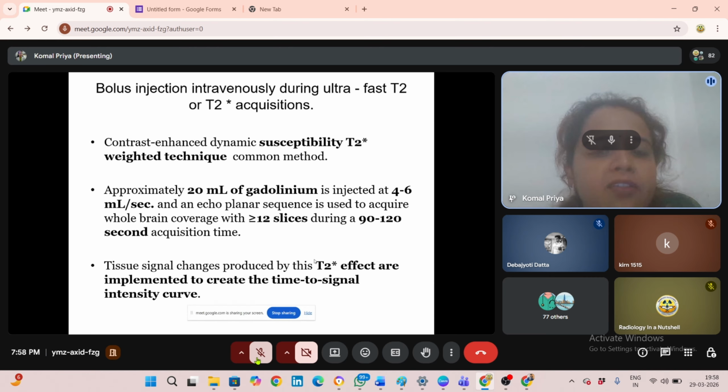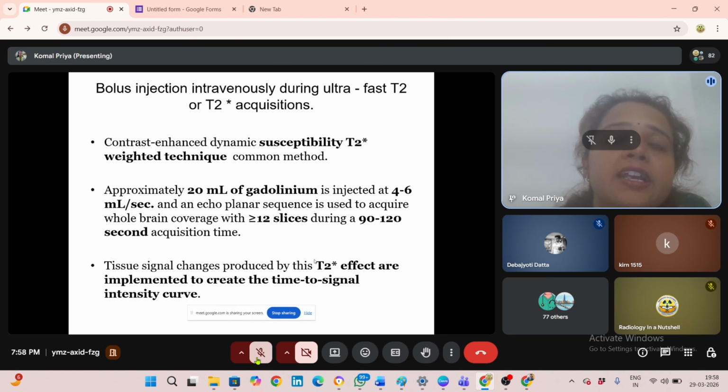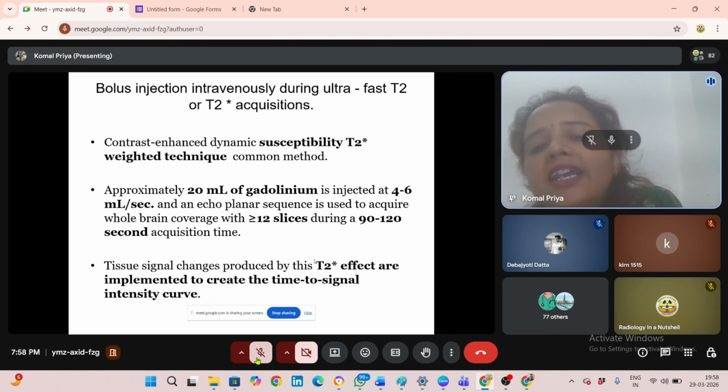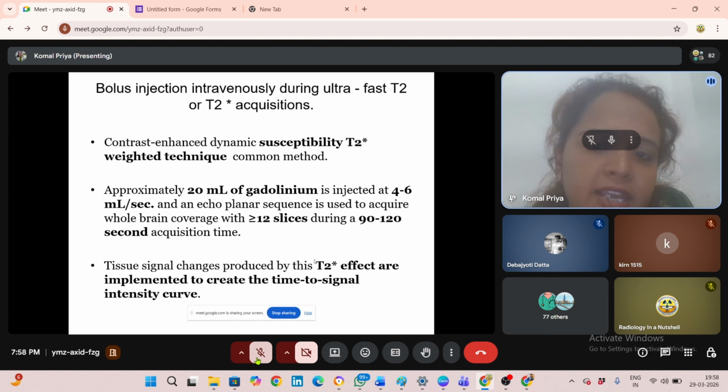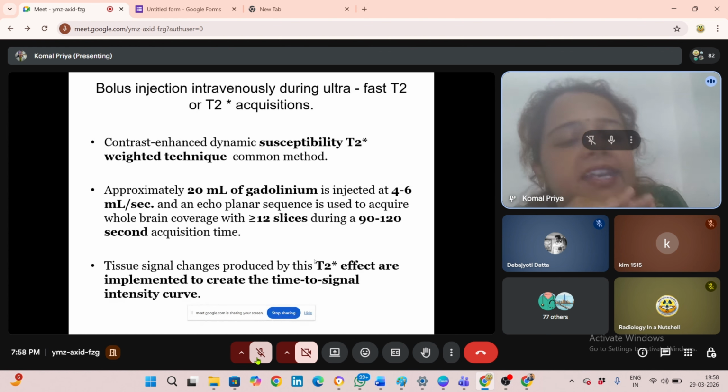Just imagine one sequence is acquired in 3 minutes, 4 minutes, you have seen, right? But the gradient echo sequences are faster. So to acquire the faster moving blood, we need to see it in an ultra fast way. That is why we use gradient echo sequences, and the sequence will be acquired in just 90 to 120 second acquisition time.